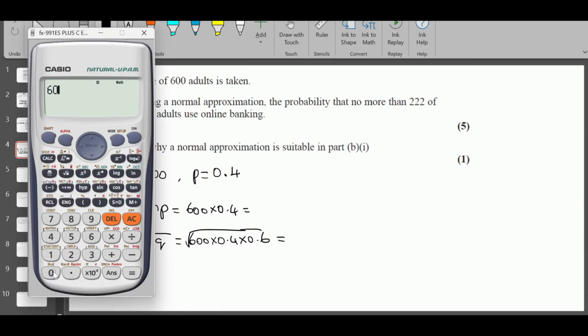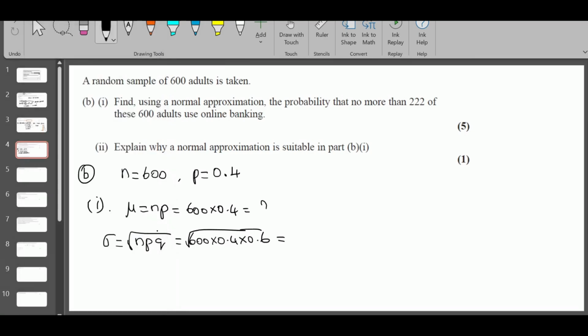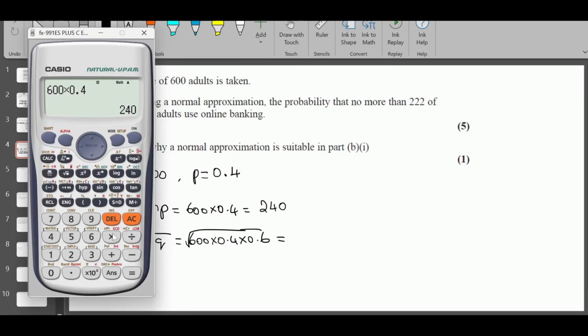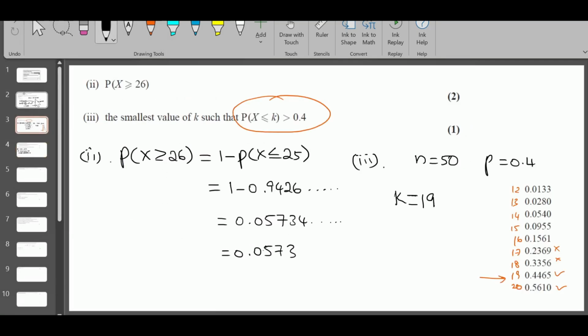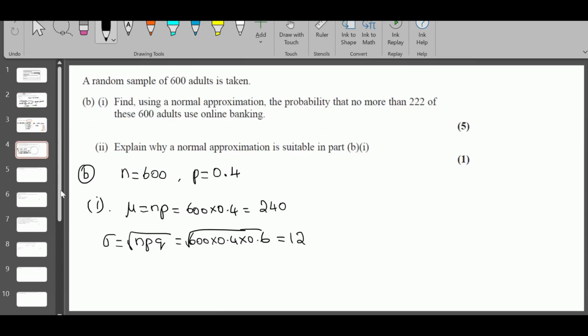So 600 times 0.4 is 240, times 0.6 is 144. The square root of 144 is 12. I used X before, so I'm going to use Y follows a normal distribution with mean mu and variance sigma squared. Now they want us to calculate Y is no more than 222, so Y is less than or equal to this.